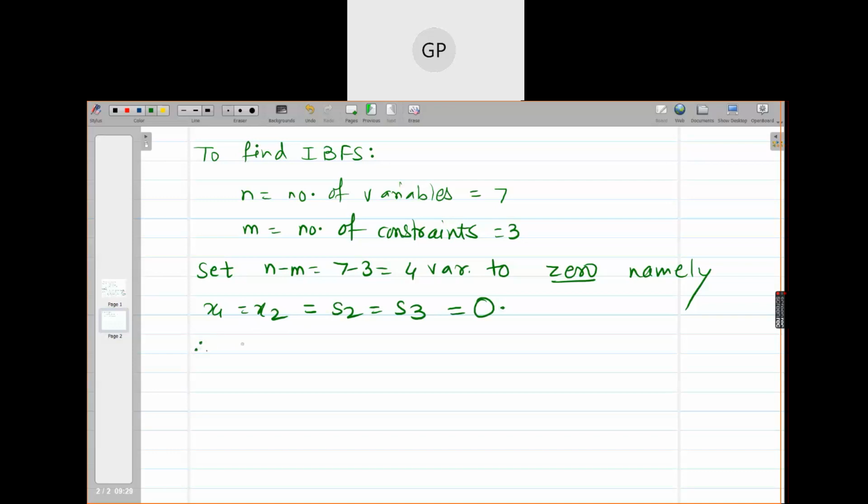Therefore, what is your answer? You get s1 equal to 50, a1 equal to 80, and a2 equal to 140. So these are your basic variables.